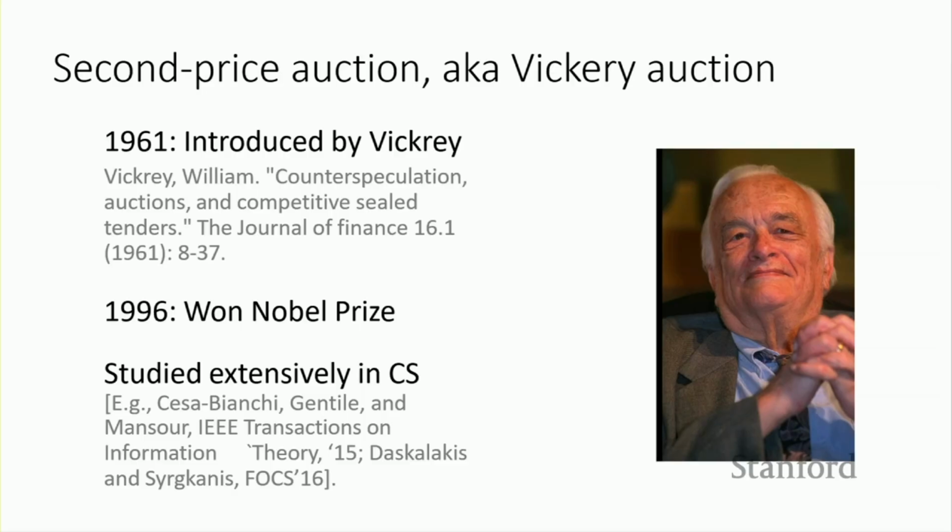This work, done in 1961, eventually led to a Nobel Prize. And there's been a bunch of follow-on work in the CS literature engaging with this question, adding in some of what we've talked about a little bit: things about computability, things about learnability if there's a learning algorithm in the middle, strategic behavior of different agents, different settings, things like that.